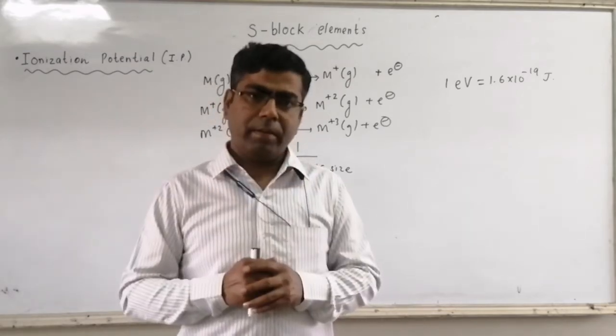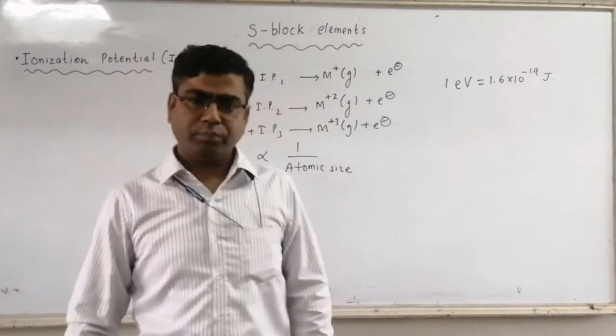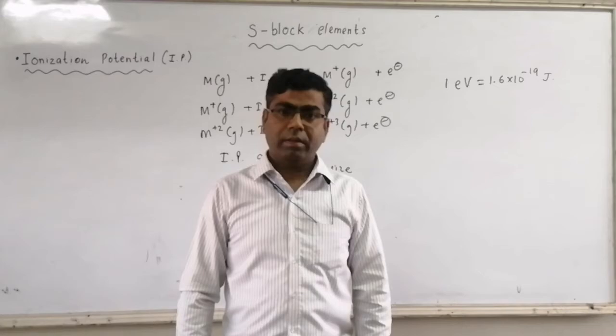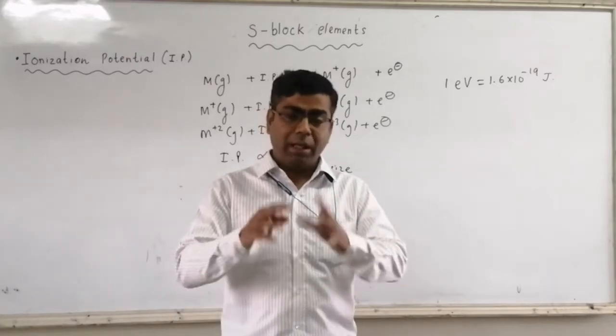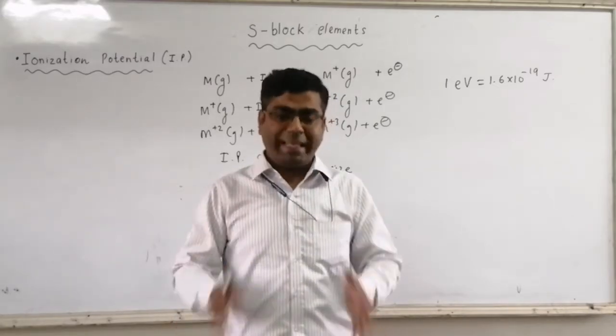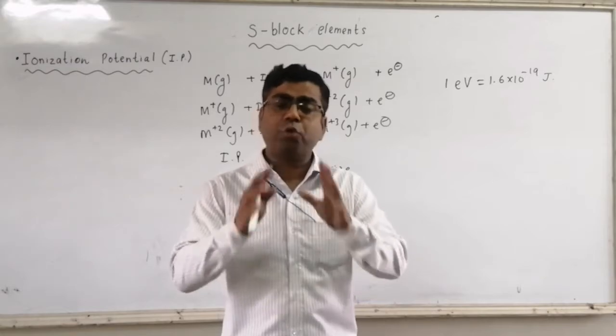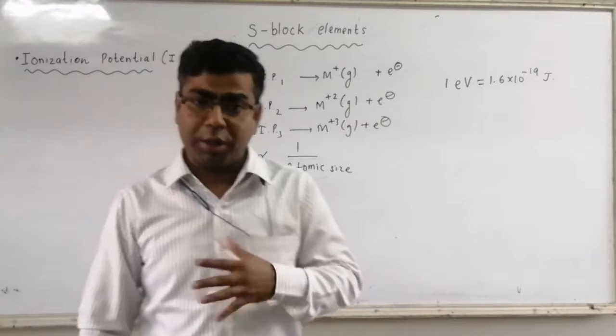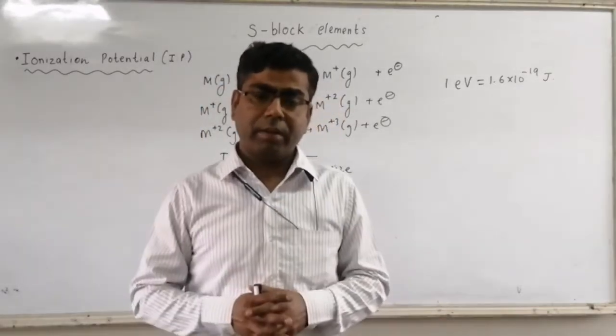Atoms with low value of IP can lose electron easily. And if an atom or an element can lose electron easily, it will be treated as electropositive element. All metals have low value of ionization potential due to large size.